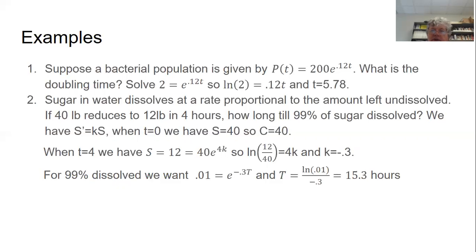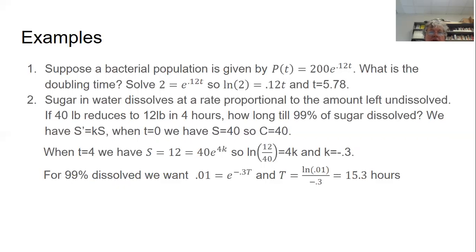Okay, and I'll conclude with a little bit more complicated one. Let's say we're told that sugar in water dissolves at a rate proportional to the amount left undissolved. If 40 pounds reduces to 12 pounds in 4 hours, how long till 99% of the sugar is dissolved? Okay, so let S be the amount of sugar undissolved.